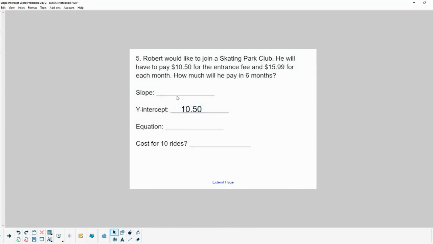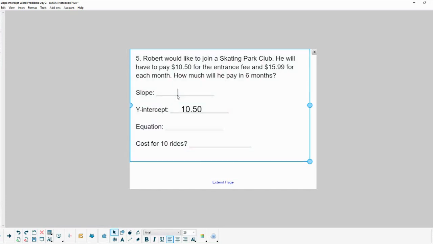And then on our slope, how much does it cost for his monthly amount? So if you decide to just keep going month after month after month, it's going to cost him $15.99 a month. So then our equation is going to look like this.